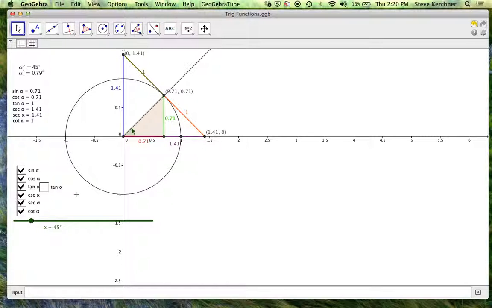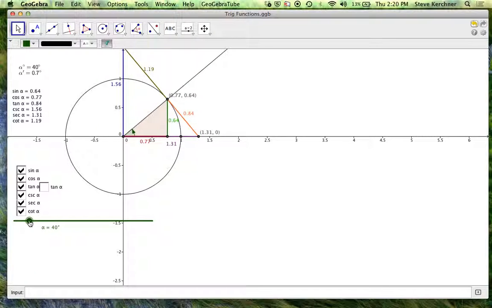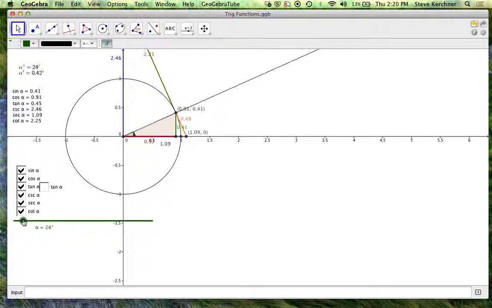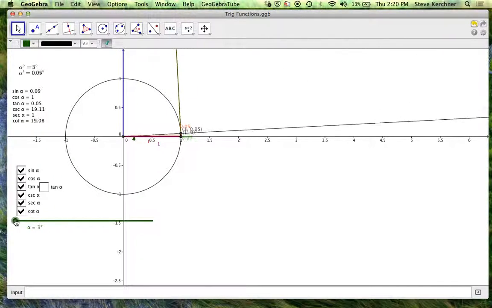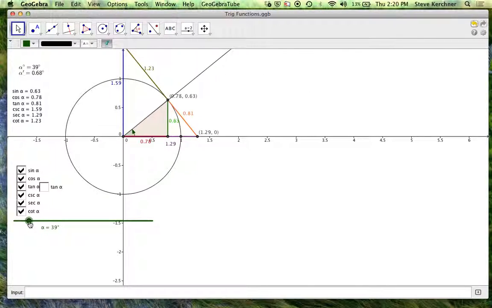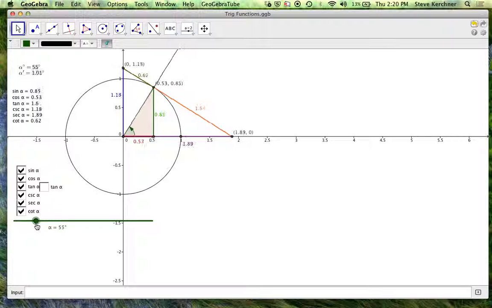Let's track the movement of secant. So if I decrease the angle, the secant value also decreases. At 0, cosine is 1, and so is the secant. As I increase the angle, cosine decreases, and the secant increases and increases.